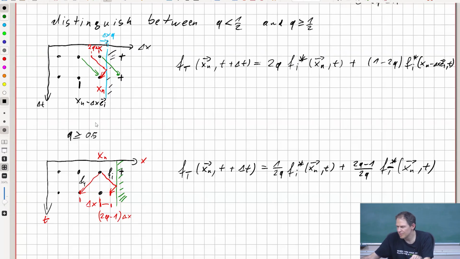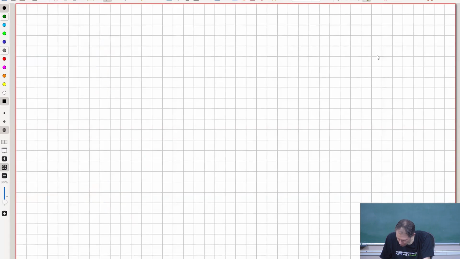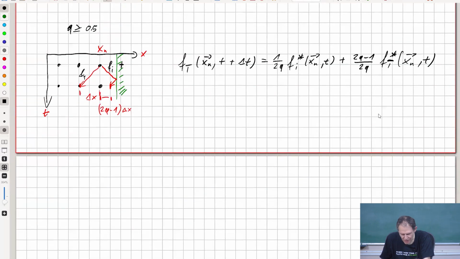Okay. Now, in principle, we have everything. So you can have a velocity in any particular point, and you can put the pressure boundary condition. There's one more thing that I wanted to talk about, namely that we can also do this in a little bit of a different fashion.